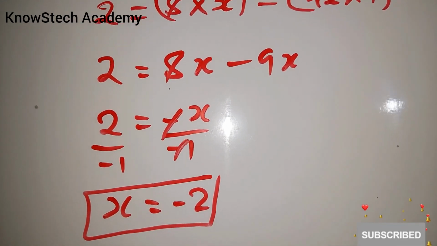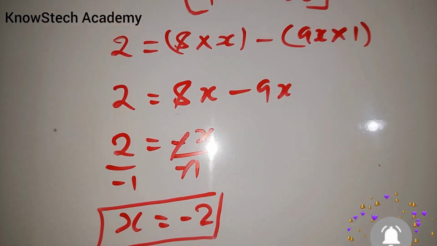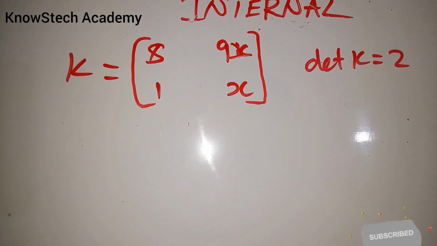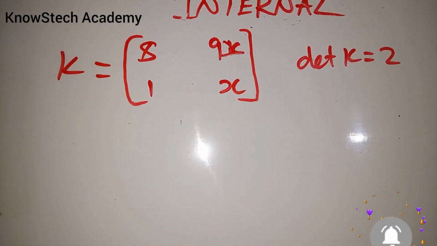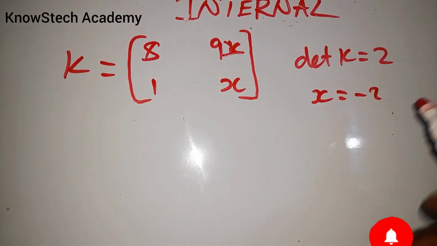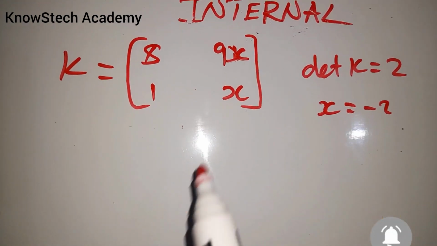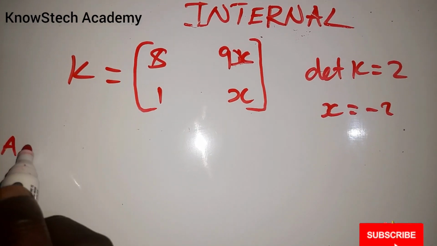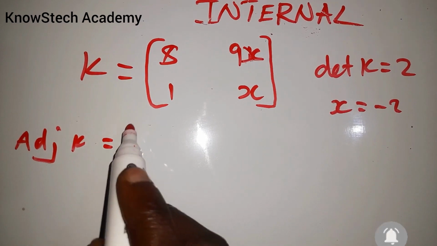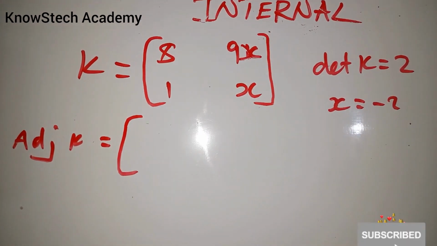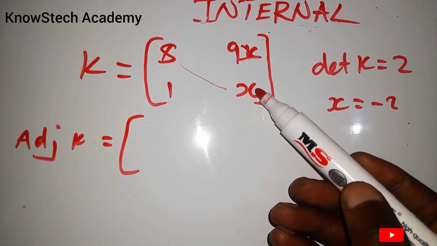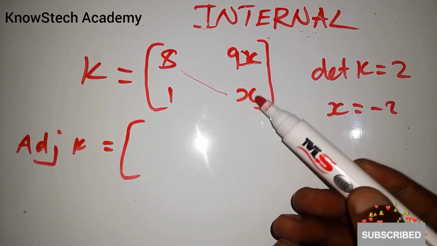The inverse of matrix K. Remember, to find the inverse of matrix K, the value of x we found to be -2. Okay, so to find the inverse, first you need to find the adjoint matrix. Adjoint of matrix K will be, we interchange the numbers in the major diagonal.